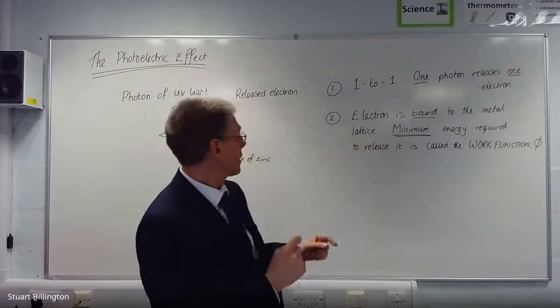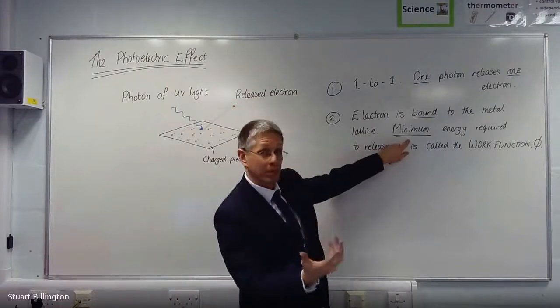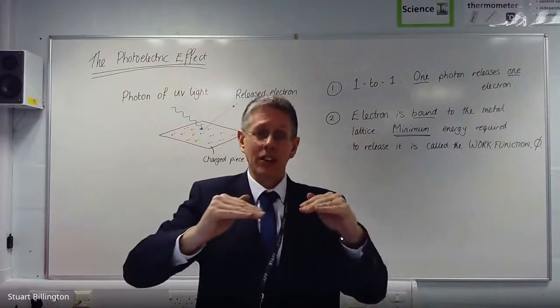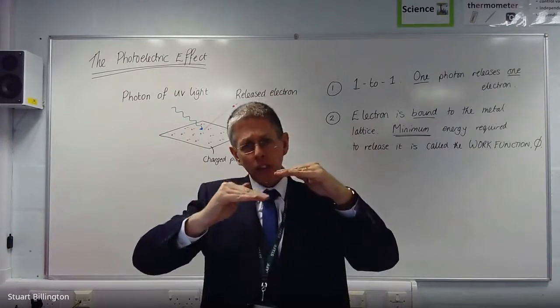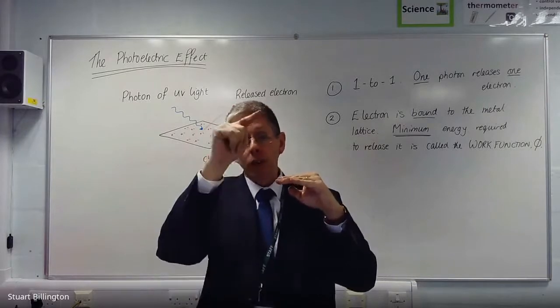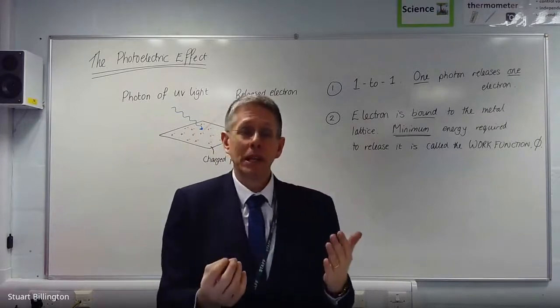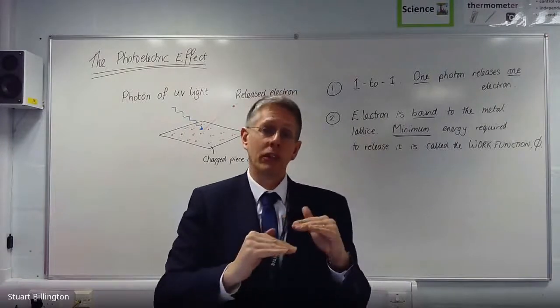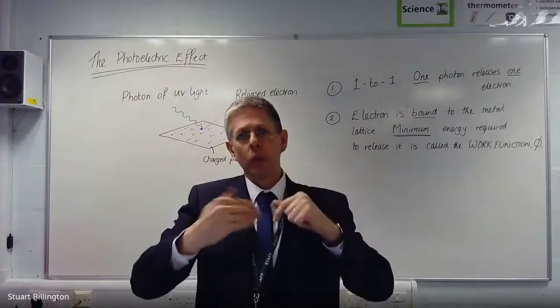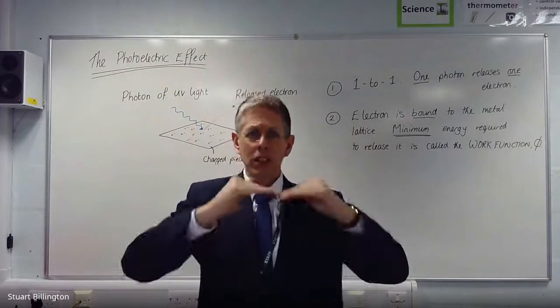And this electron that does break free with the minimum energy will be a surface electron. There'll be loads of electrons all the way down through the piece of metal. And it might be that a photon finds its way 0.5 millimeter or so inside the metal before it collides with an electron. But those deeper electrons will require even more energy than the minimum.